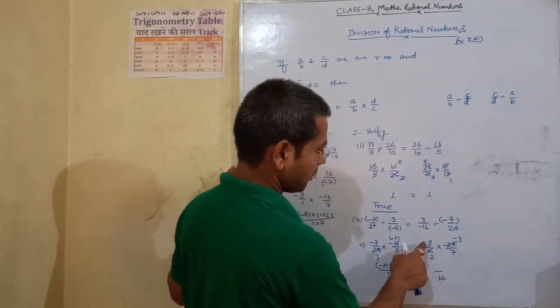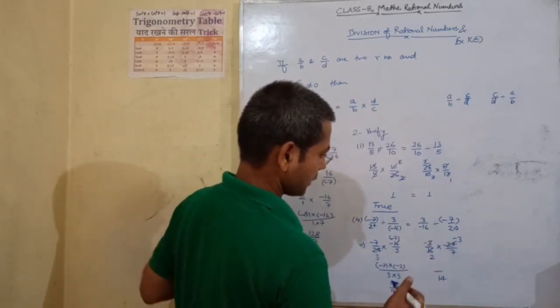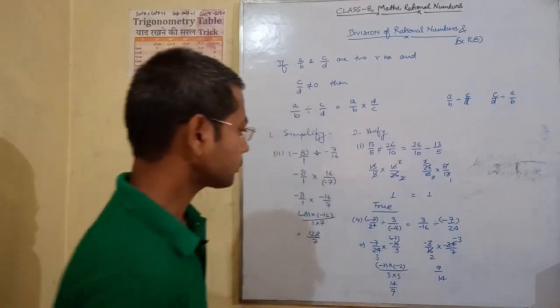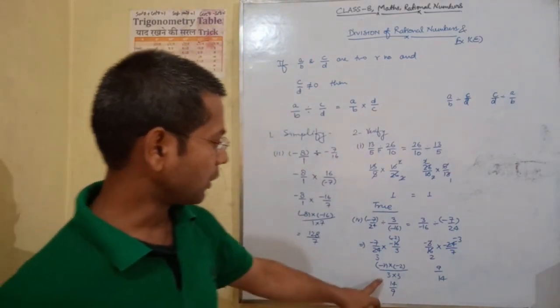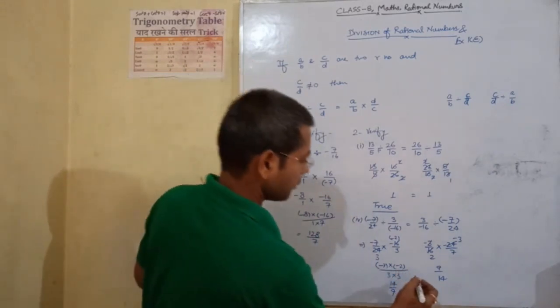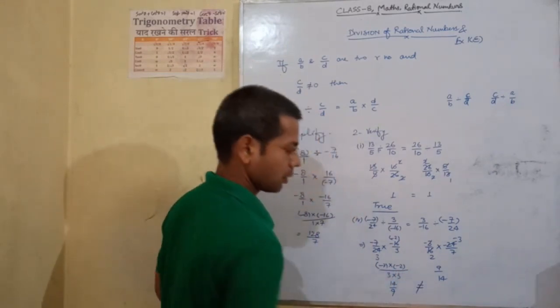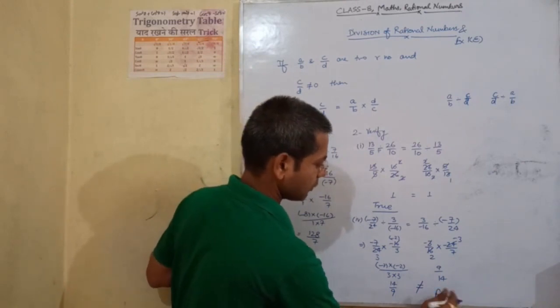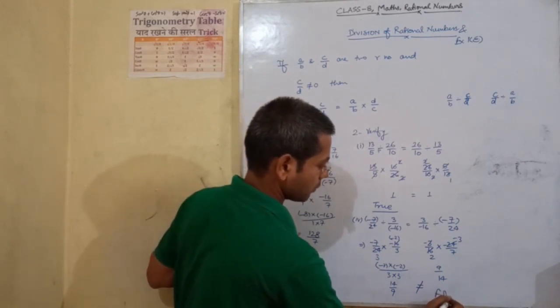Minus 3 multiplied by minus 3 gives 9 upon 14. So here it is 14 upon 9 and here it is 9 upon 14. It is not equal. So it is not verified, and therefore it is false.